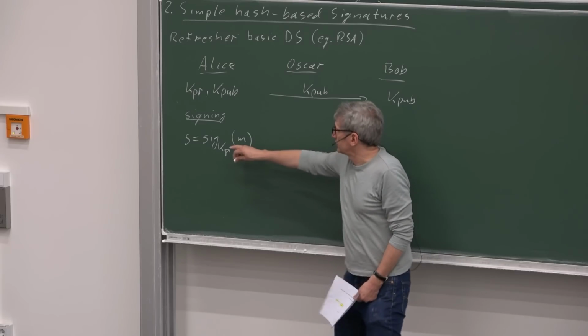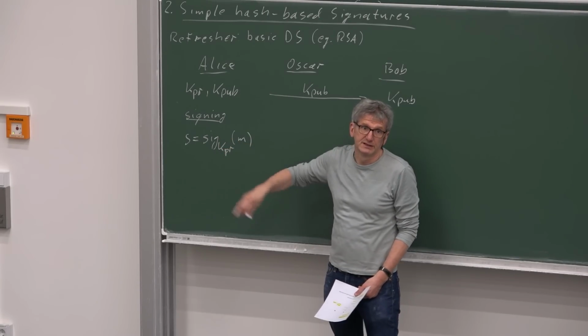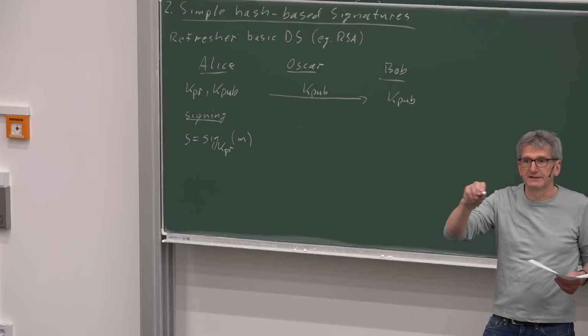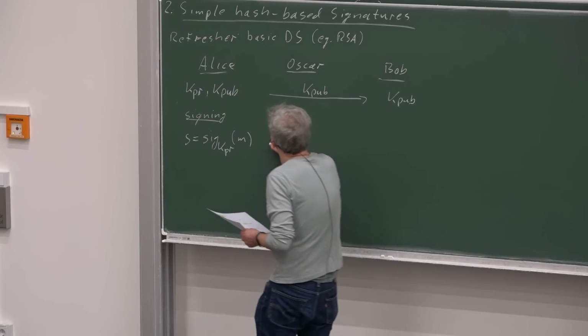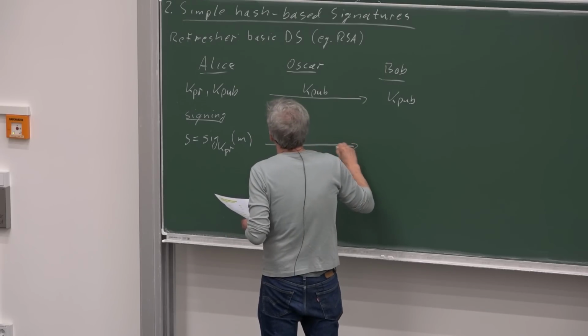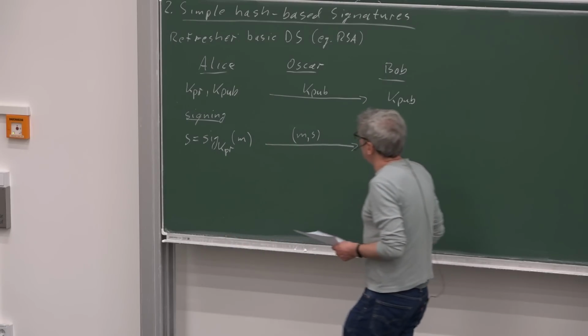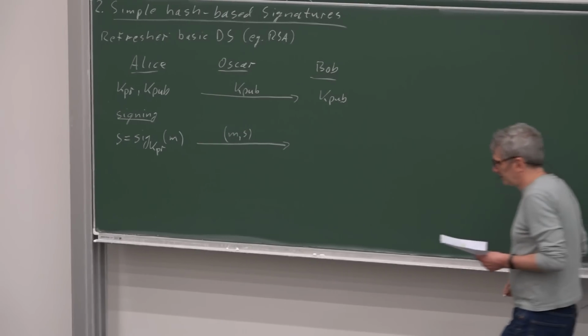So the signature algorithm needs 2 inputs, namely the private key, but also the message itself, right? The message might be a PDF digital contract, right? I'm buying this motorcycle or whatever, right? I'm buying that iPhone. What Alice sends over is this pair M and S, right? The message and the signature.